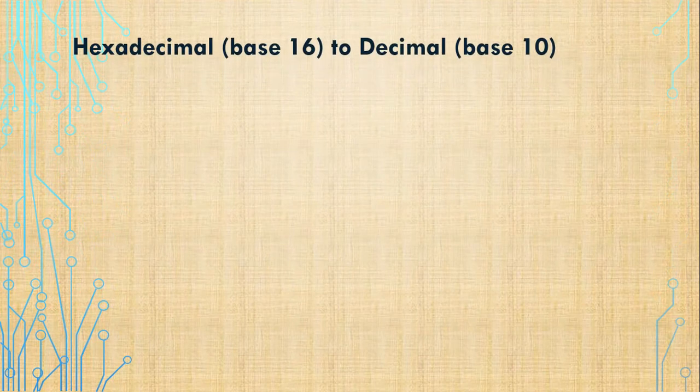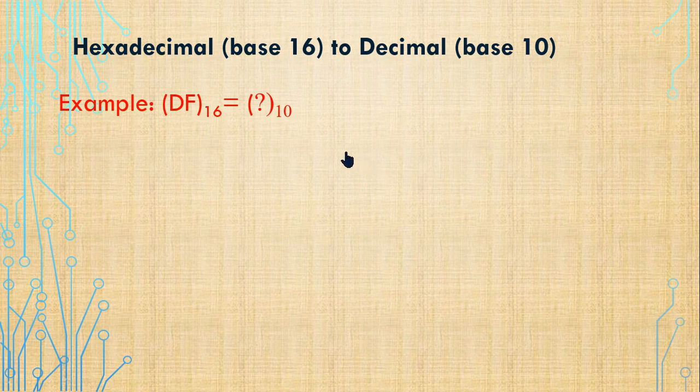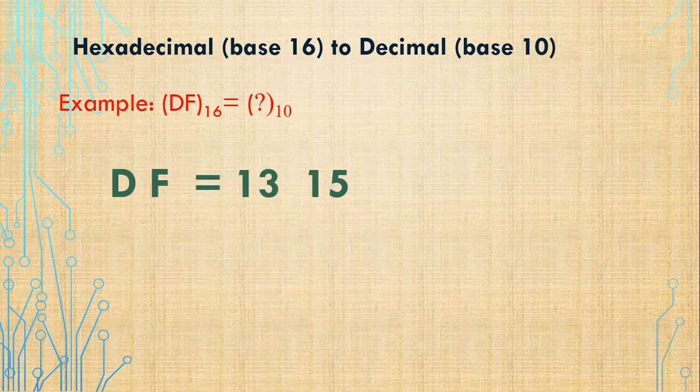Now from hexadecimal to decimal, for example, let's convert GF, which is in base 16, to a number in base 10. We should recall that G is 13 while F is 15, as we earlier said in the beginning.